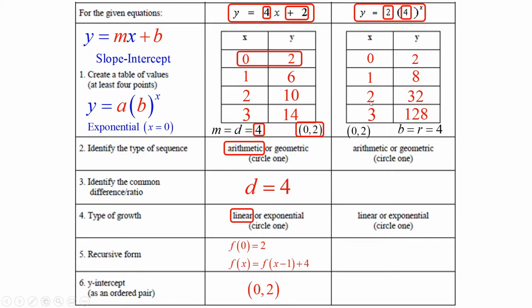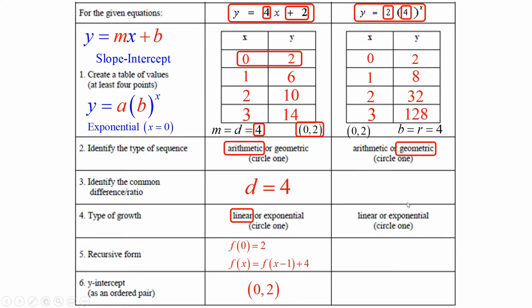Like if x is 2, well 4 to the second power would be 16, and 16 times 2 is 32. Look at that y right there, 32. So use the method that works for you. Now, identify the type of sequence. Well, if I have a common ratio, that means I am geometric.